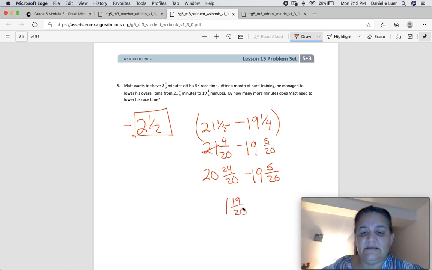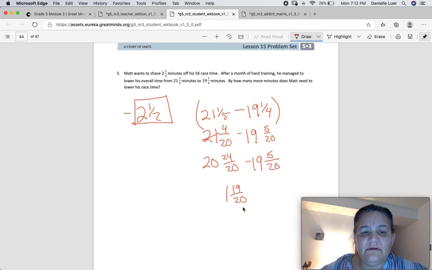Okay, so he wanted to shave 2.5 minutes off of his time, but he only shaved almost 2 minutes off of his time, 1 and 19/20. How many more minutes does Matt need to lower his race time?